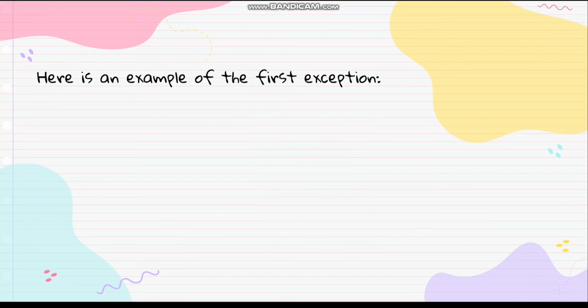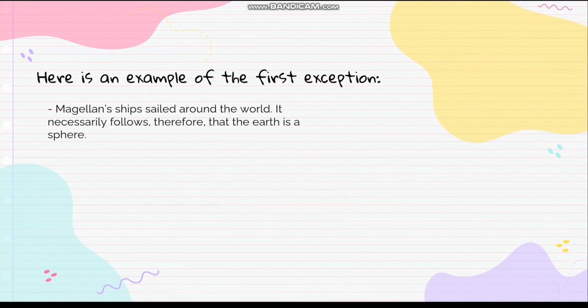Here is an example of the first exception. Here the phrase "it necessarily follows that" indicates that the argument is meant to be deductive. In this case, however, it is clear that the conclusion does not follow necessarily from the premises, because it could still be possible for a ship to sail around the world if the Earth were, say, flat or cylindrical rather than spherical.